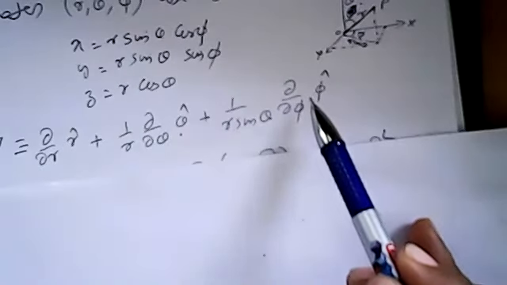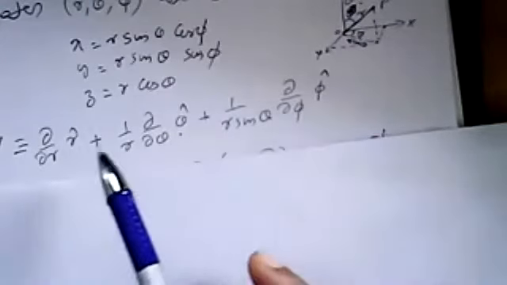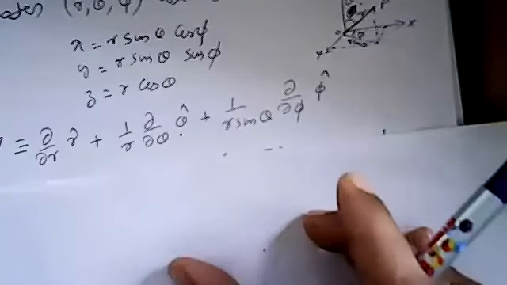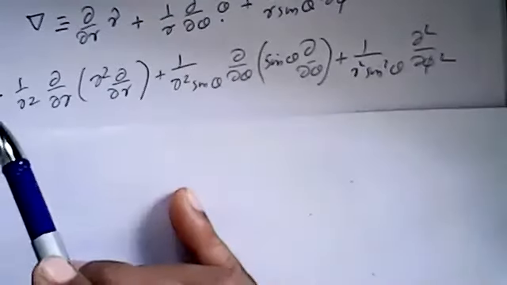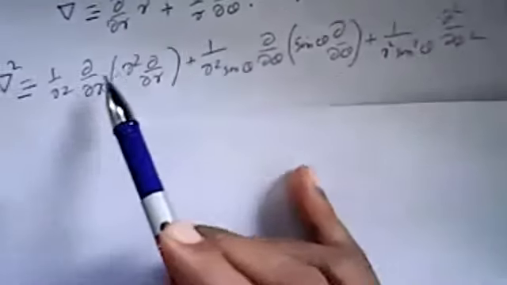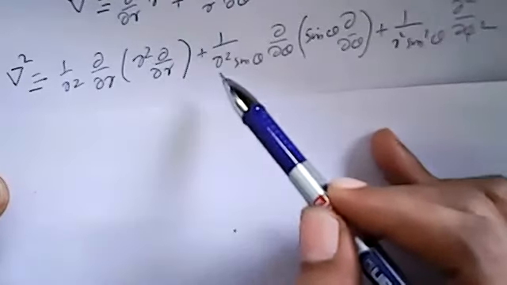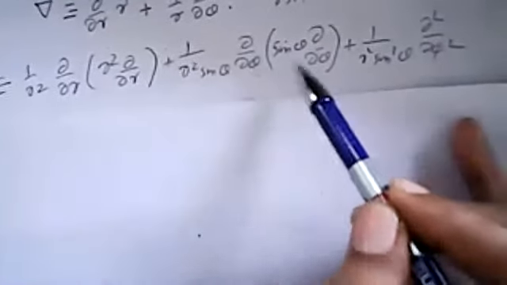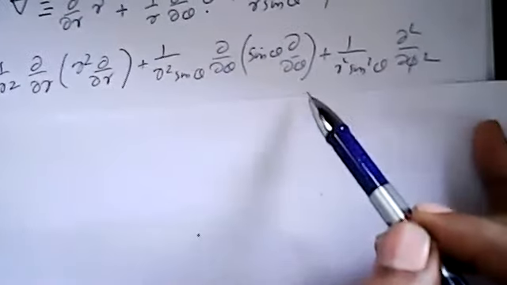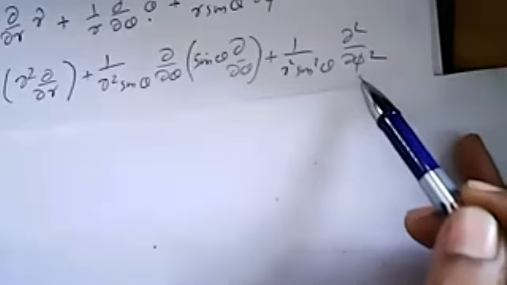Similar to the del in Cartesian coordinates, this is the del in spherical polar coordinates, and the Laplacian del square is given by 1 by r square dou by dou r of r square dou by dou r plus 1 by r square sin theta dou by dou theta of sin theta dou by dou theta plus 1 by r square sin square theta dou square by dou phi square.